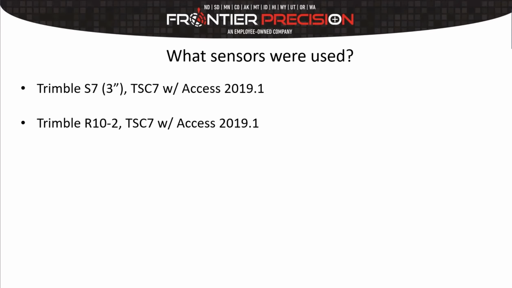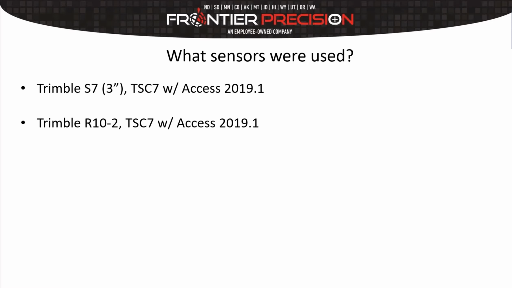The GNSS survey, we used a Trimble R10-2. This was pre-ProPoint, so we always have a discussion on, okay, what's the next iteration or the next level of this, but I'd like to try it again with like an R12 with ProPoint. But for what we did, we had an R10-2, TSC7, and again, Access 2019. So the same controller and software were used for both surveys.